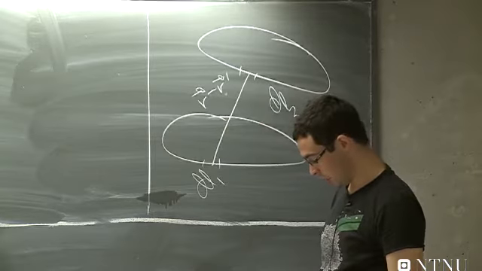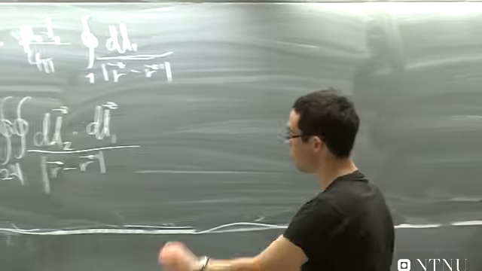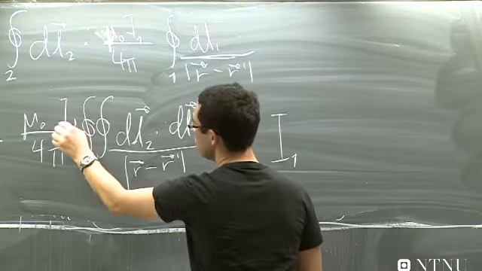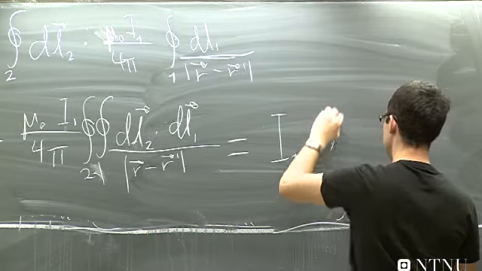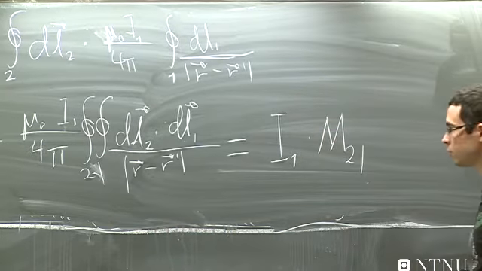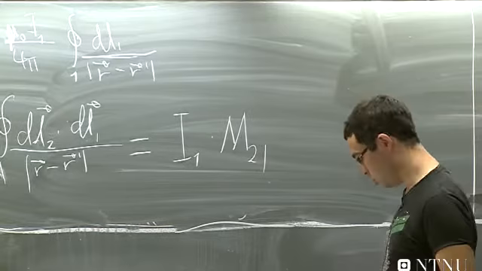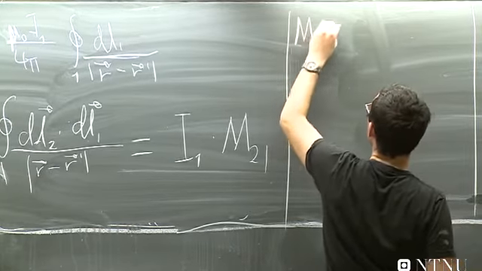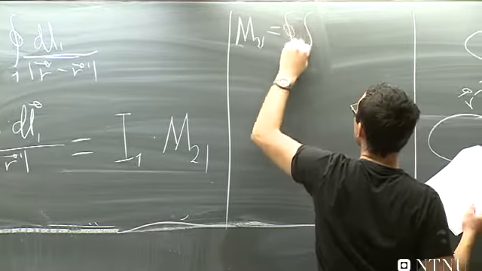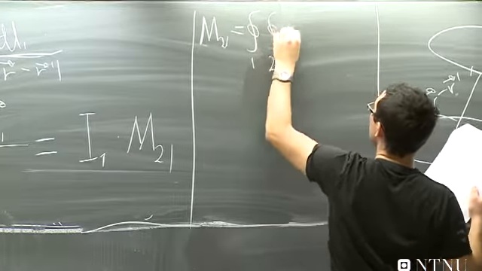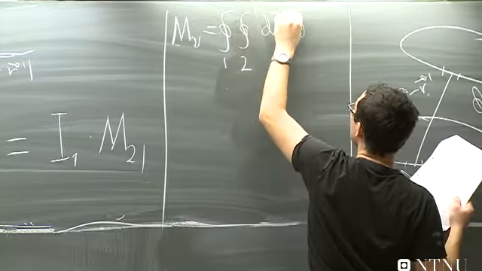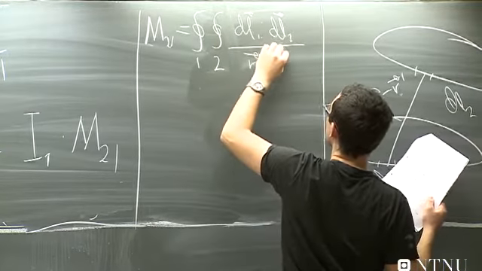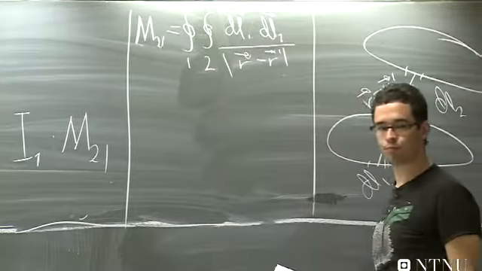Okay. And this should be equal to I1, that's this guy here, times M21. Okay, so now I can just read off what's M21. There you go.